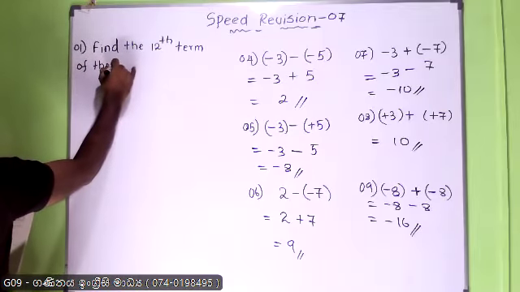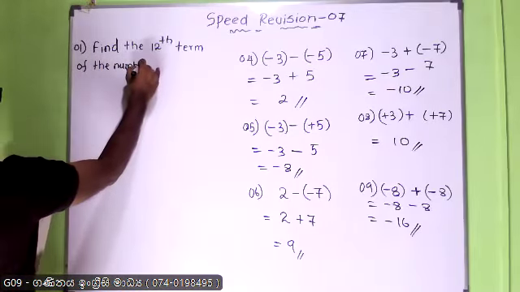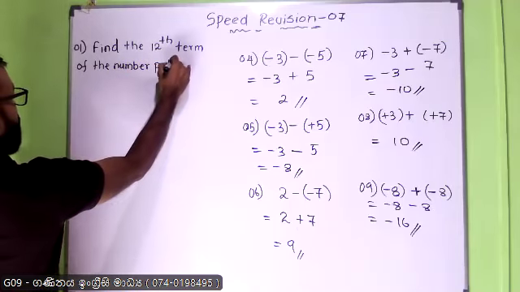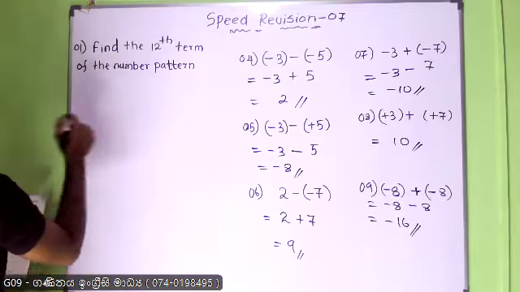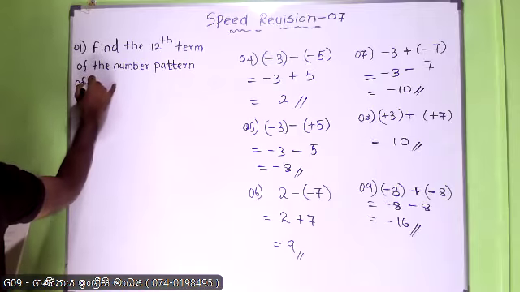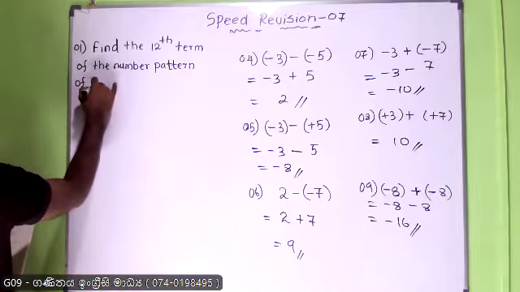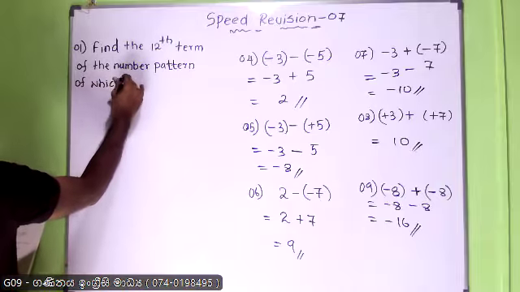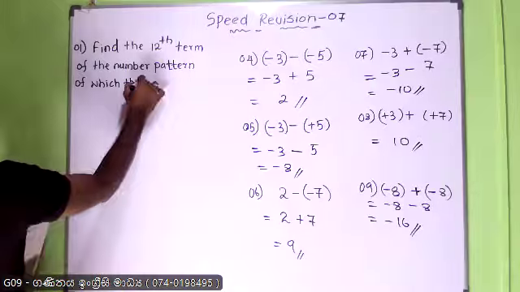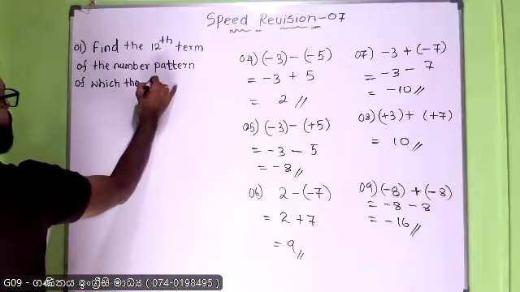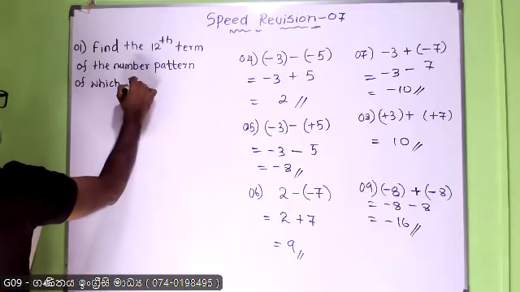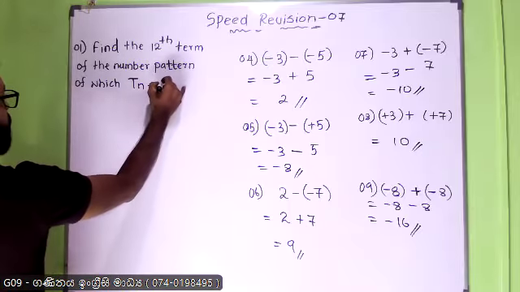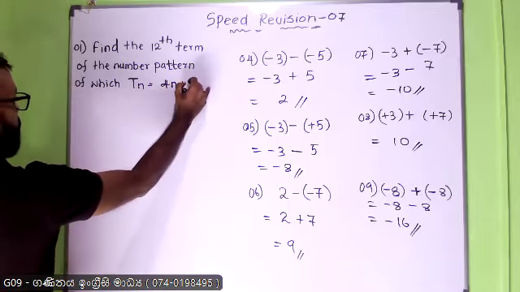of the number pattern of which the general term Tn equals 4n plus 1, right?